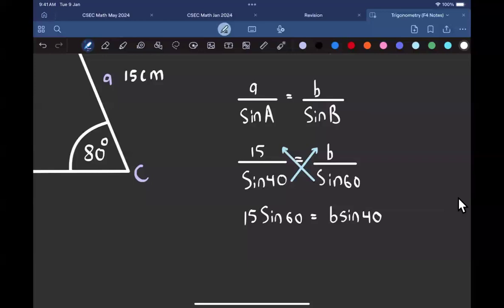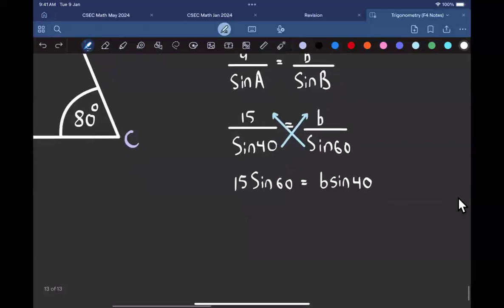Is that what you said? Sasha gave me room, so I was a bit disrupted. Okay. And what are we trying to find, Rihanna? B. So what do we do on both sides? We're dividing on both sides.